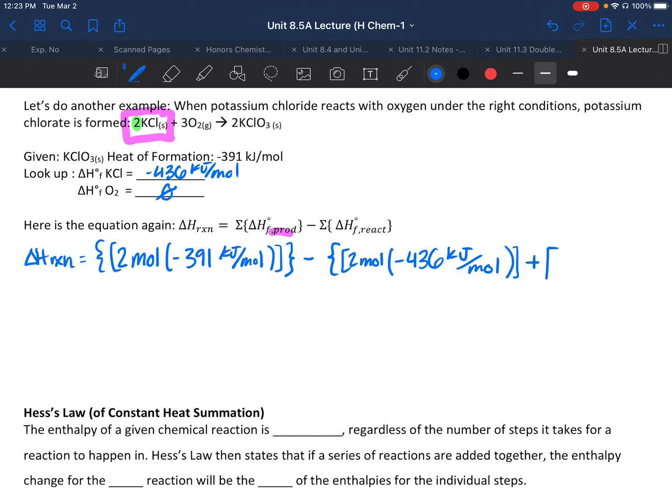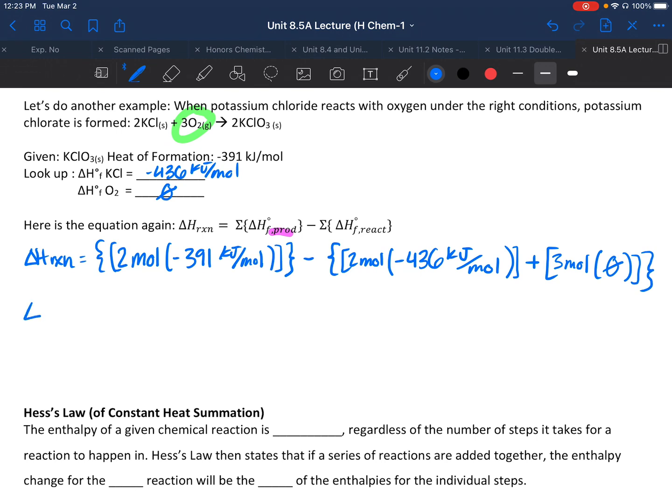Then add that to our other reactant, which would have the coefficient of 3 moles, but because it's just O2, that is just going to be 3 times 0. So this term will end up dropping out. And then we end with our curly bracket.